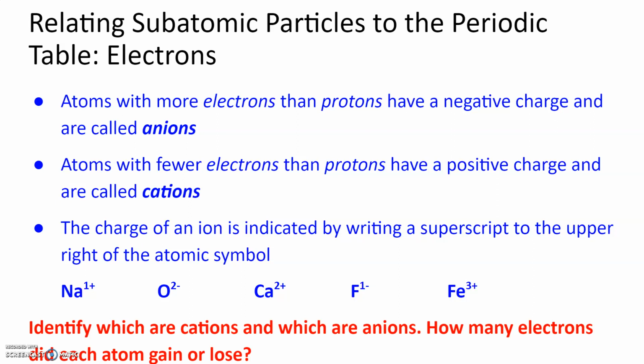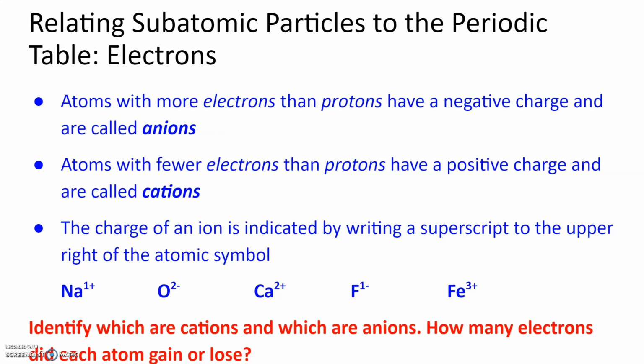Did you pause the video? Okay, so the first one we have is sodium. It's positive, so it is a cation, and it lost 1 electron. Oxygen is 2-, which means it's an anion, and it gained 2 electrons.